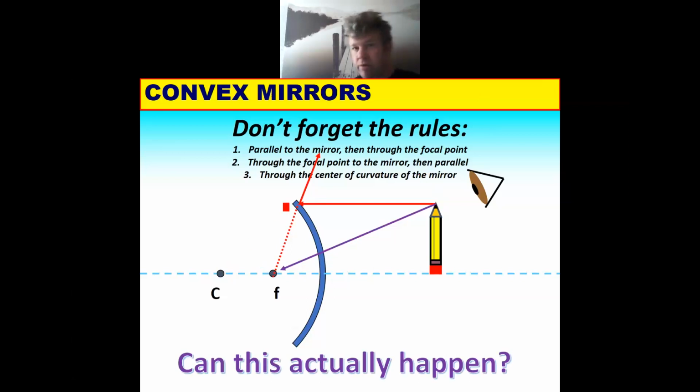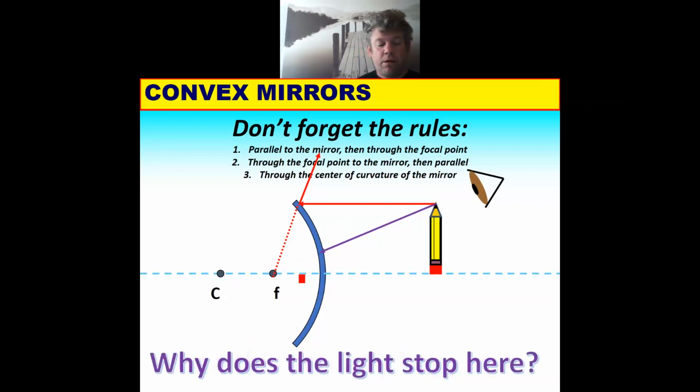No, you should be saying. Again, once we hit this point right about there, it should reflect. That's the key, because as soon as that light hits the mirror, it's going to bounce a different way. So why does the light stop here? Because that's where the mirror is.